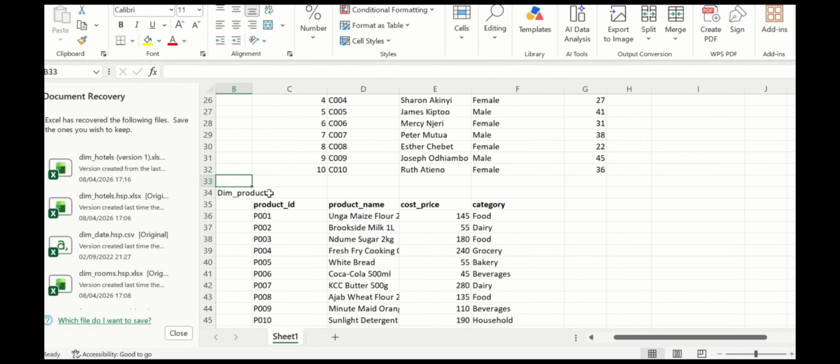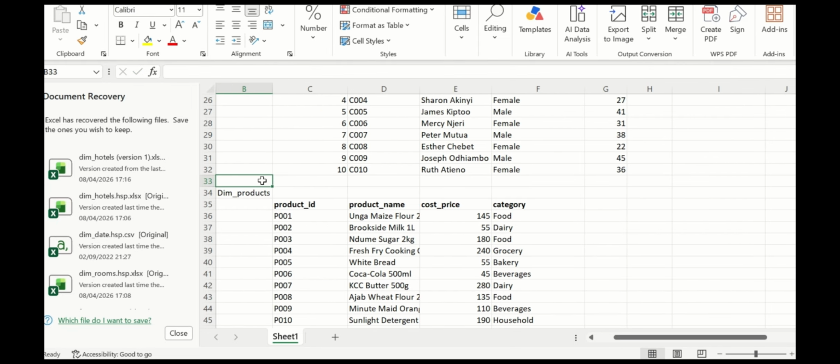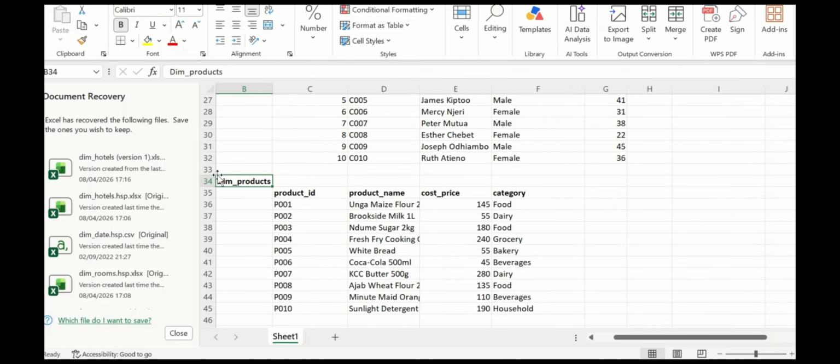So let's highlight it. This one will also come with a unique identifier. So we'll come up with a product key, a column for product key. This product key will represent each product with a unique value.